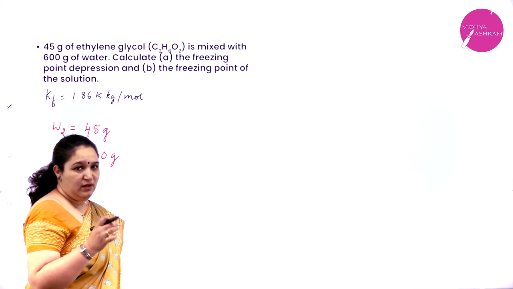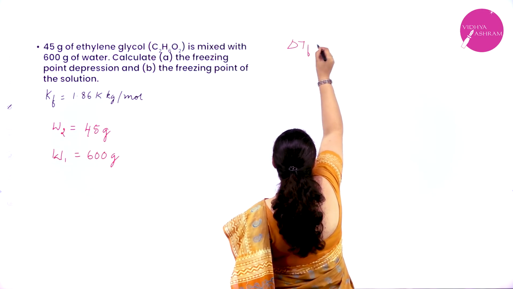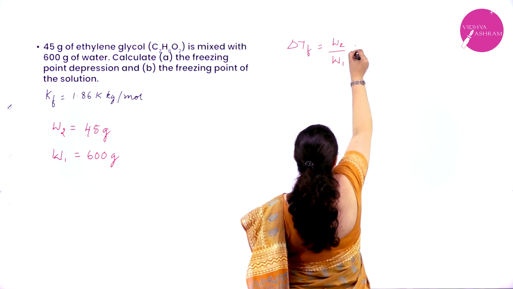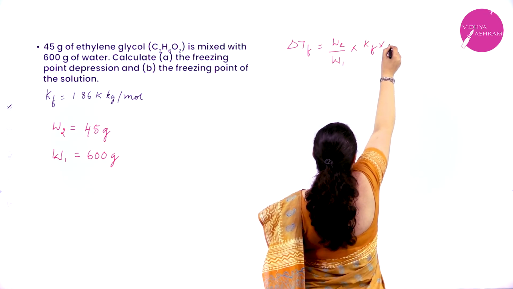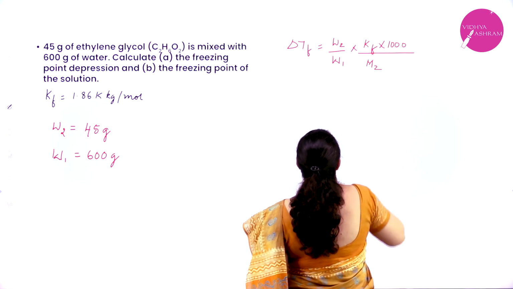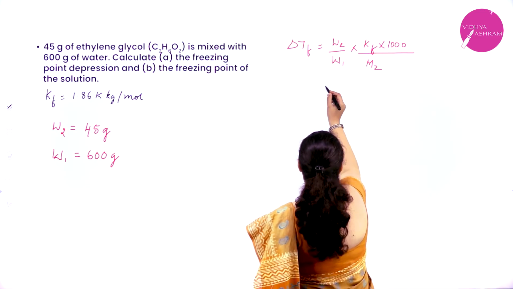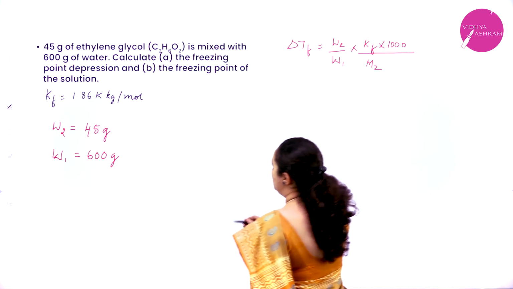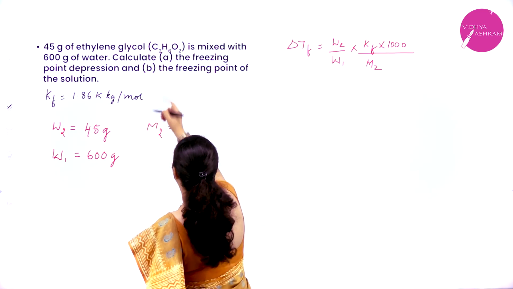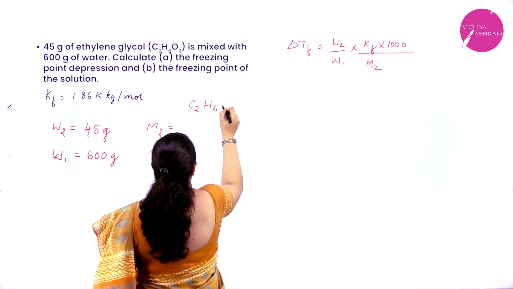I'll write the formula for you all. That is delta TF is equal to W2 by W1 into KF into 1000 by M2. So I want to calculate delta TF. Molecular mass I don't know. So molecular mass M2, it's ethylene glycol, C2H6O2.